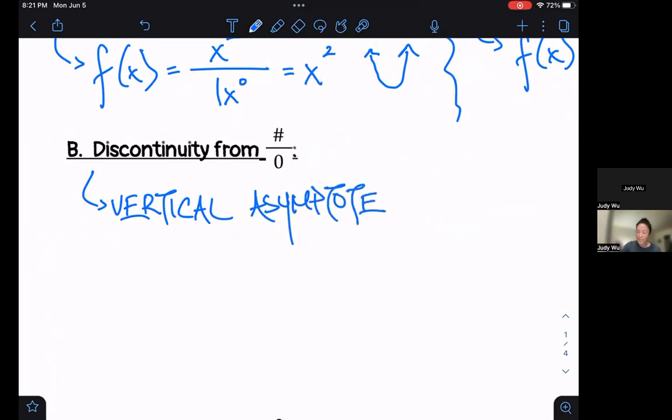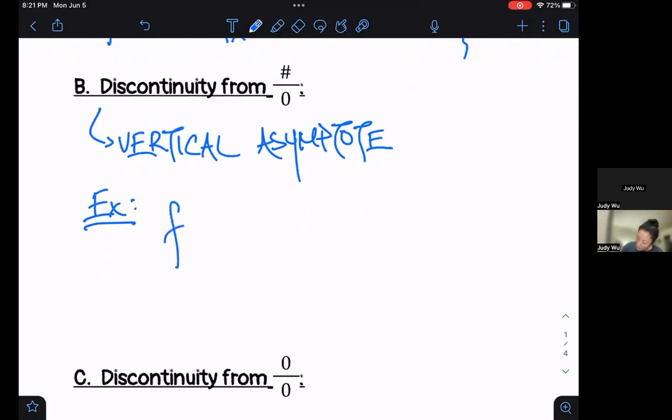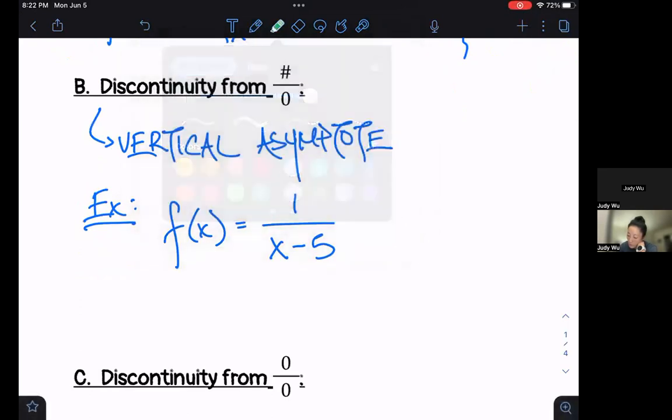Okay, so example. Let's say I had a rational function. It's some sort of ratio, right? And I have 1, that's a number, over x minus 5. Now, when we think back to our previous section, we saw that this minus 5 meant that we moved our graph to the right 5 units.